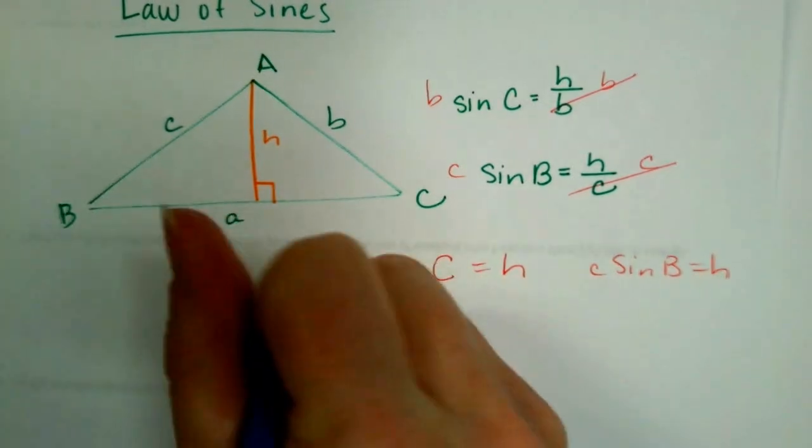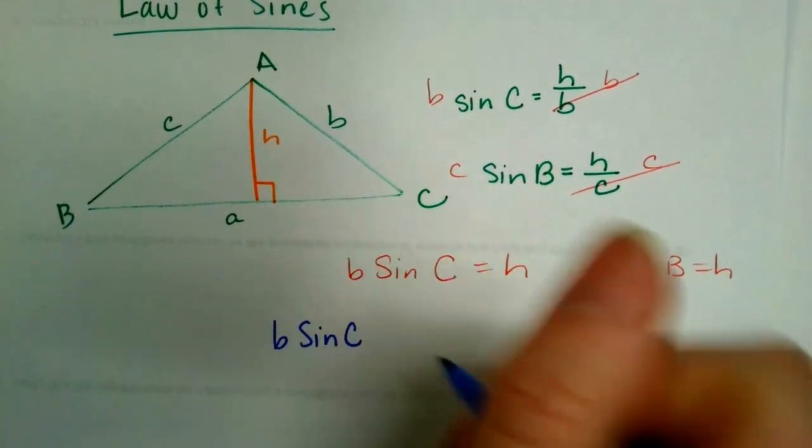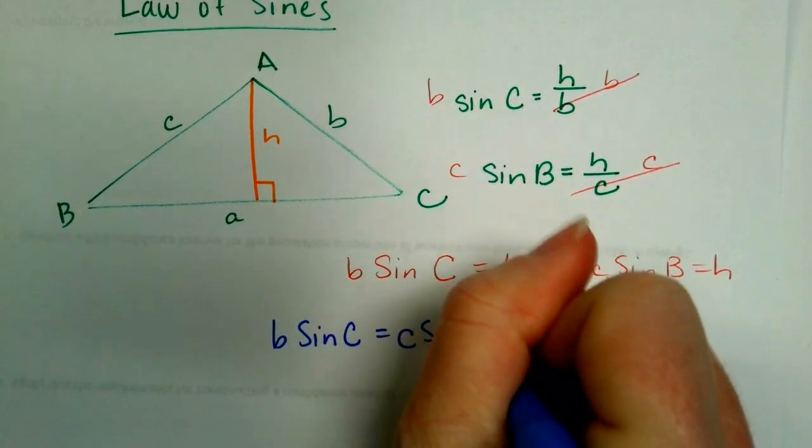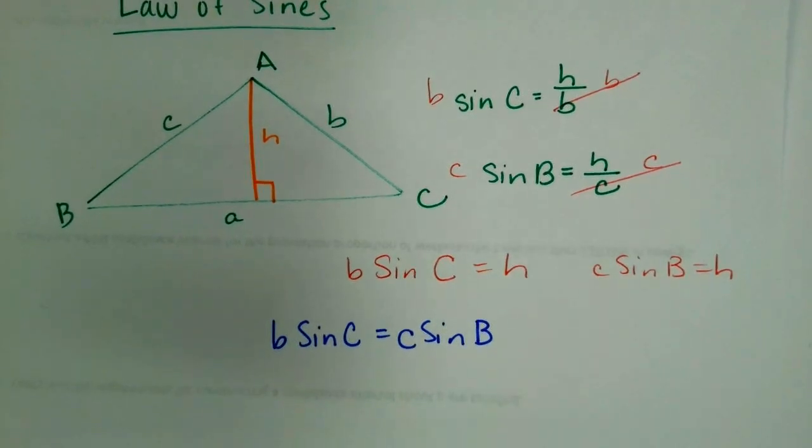So that means I have B sine C equals C sine B. Then I could just do some simple rearranging, in this case division.